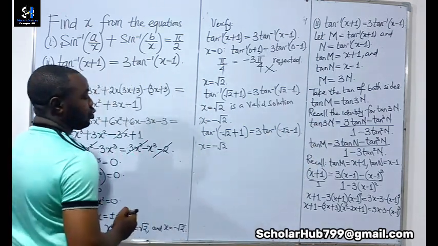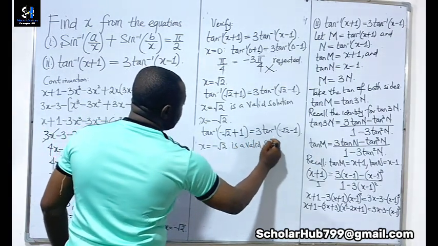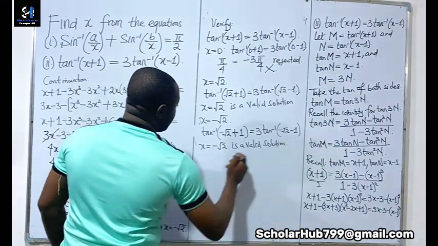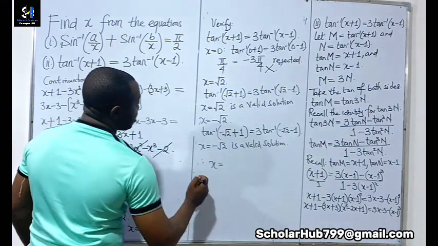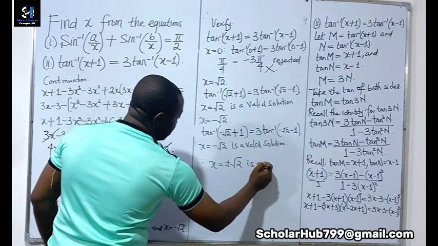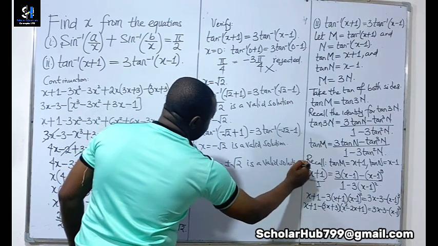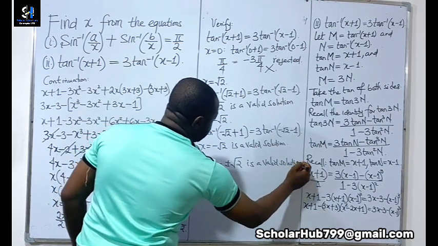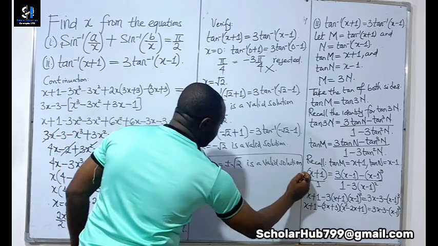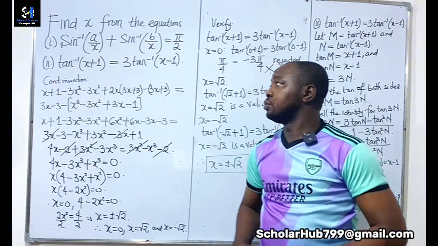So x equals negative root 2 is a valid solution, which means x equals plus or minus root 2 is a valid solution. So we just found x for the second equation.